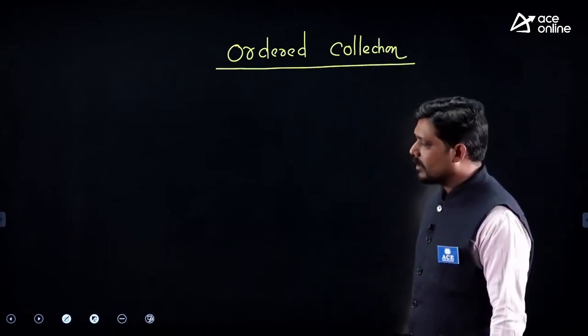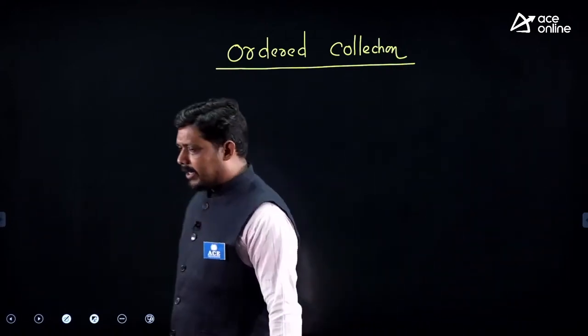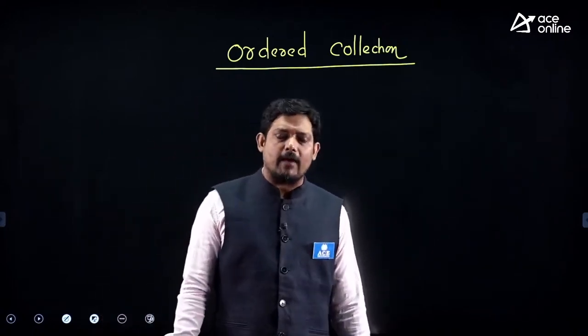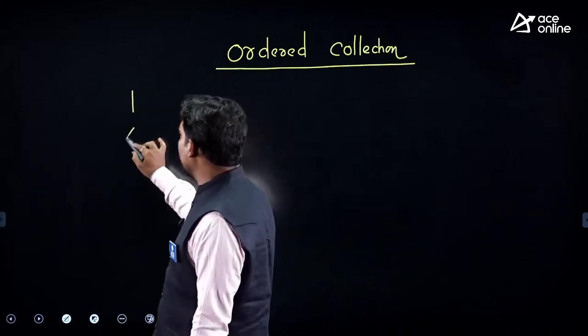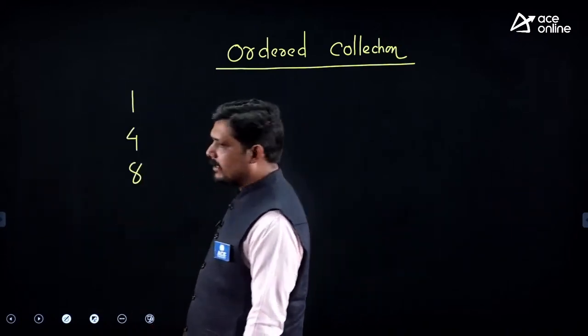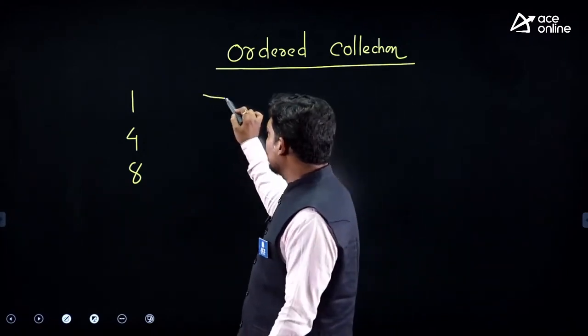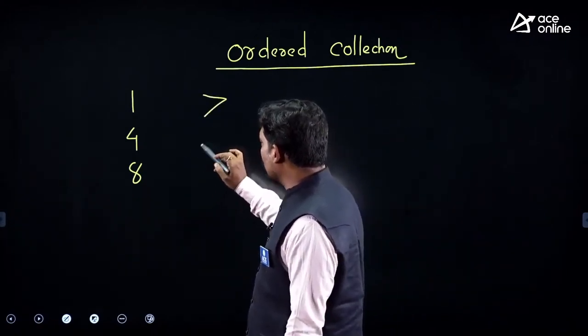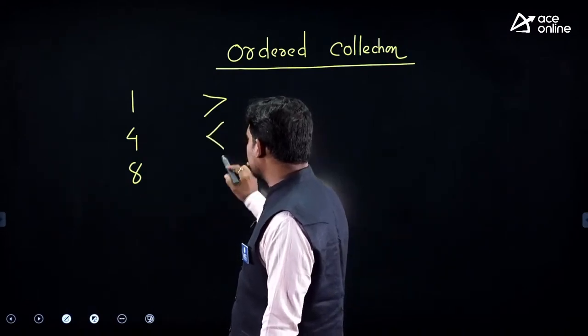Ordering is a property where we can compare the key values. Suppose I write the values 1, 4 and 8. Can I compare these values using the trichotomy property, which is less than, greater than, and less than or equal to?